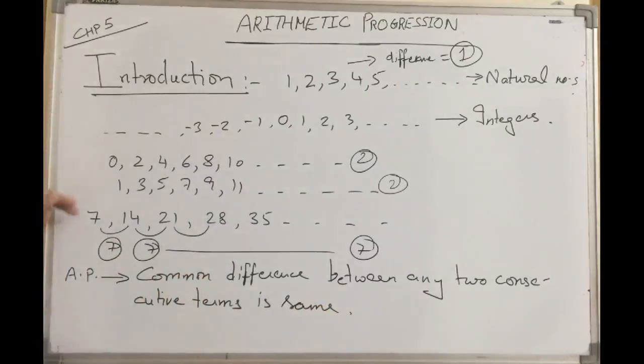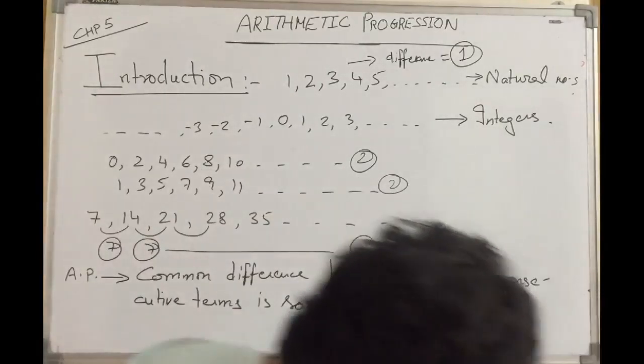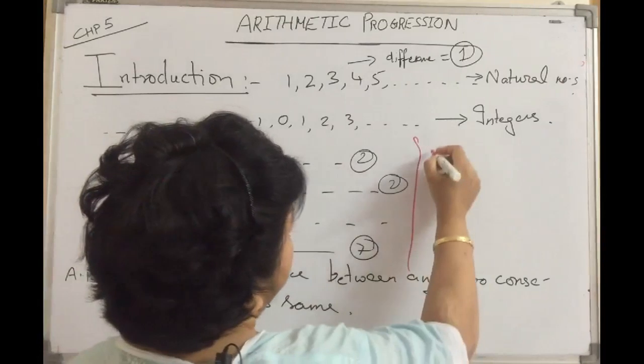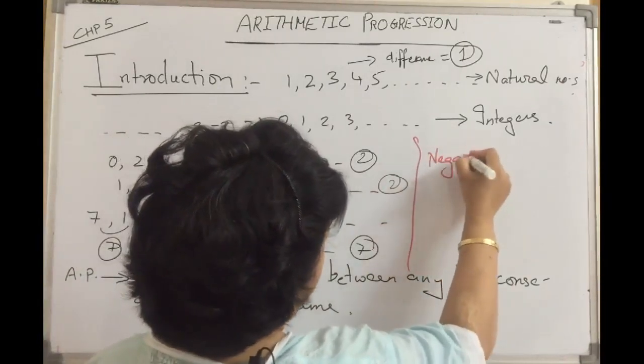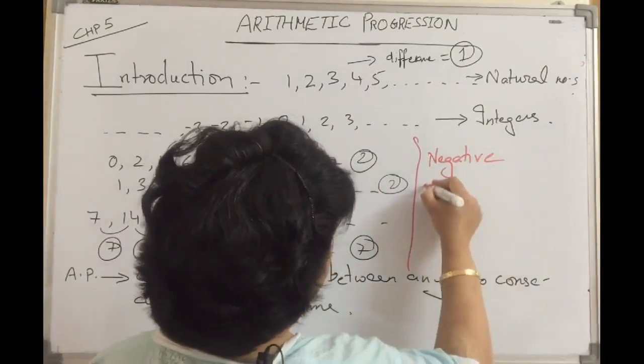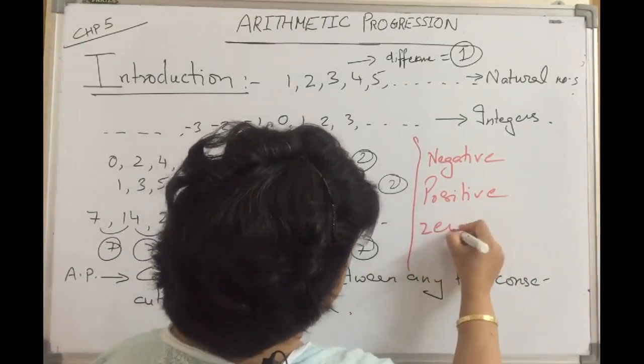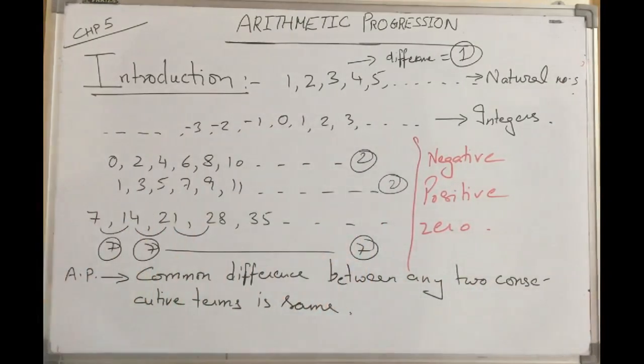Also from these examples we derive that an AP, arithmetic progression, can be negative, it can be positive, it can be 0.